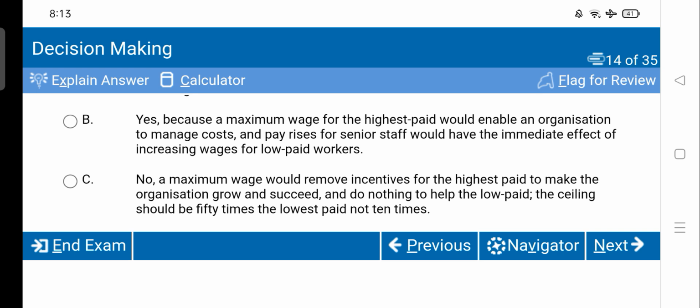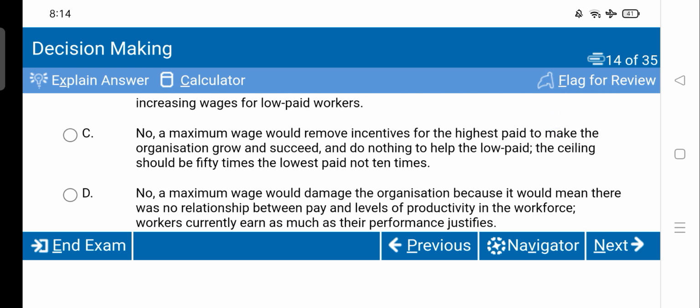Option C, no. A maximum wage would remove incentives for the highest paid to make the organization grow and succeed, and do nothing to help the low paid. The ceiling should be 50 times the lowest paid, not 10 times.